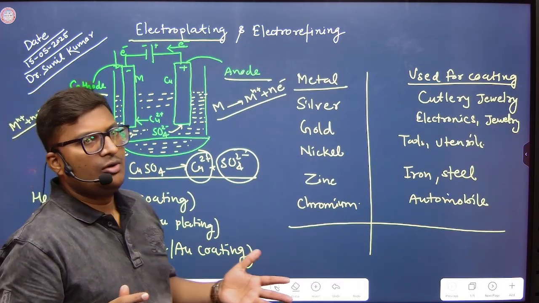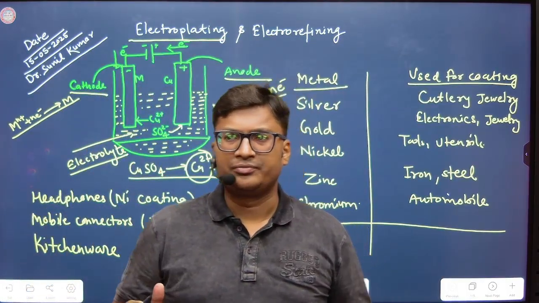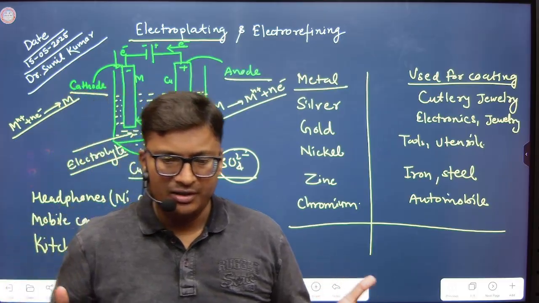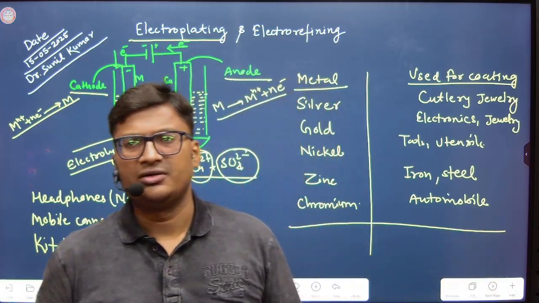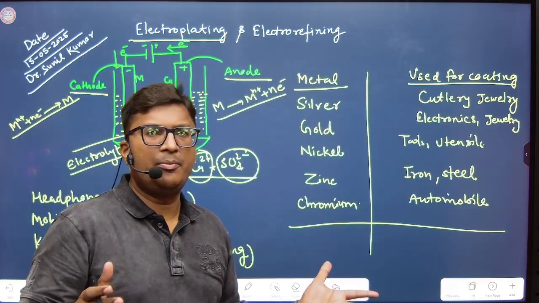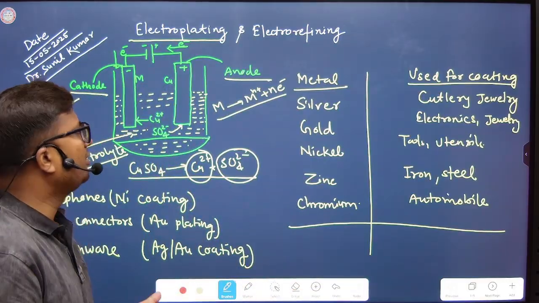When a metal is dissolved in its salt, it creates a potential, that is, an electrode potential, right?